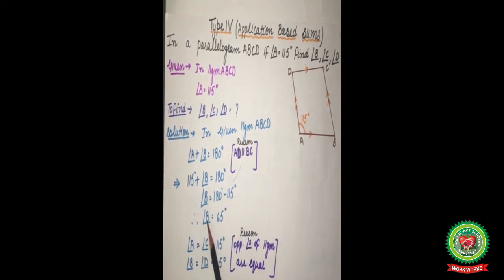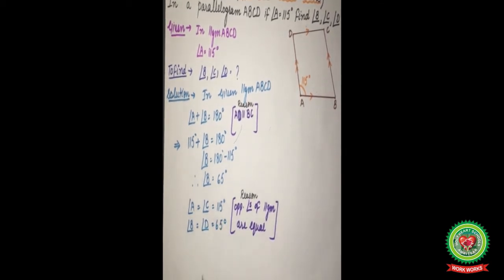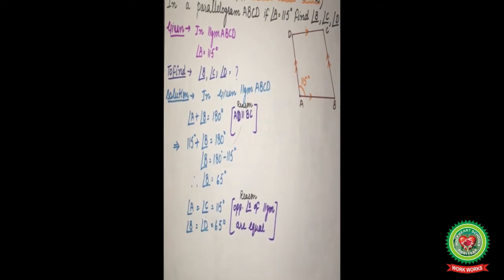So therefore, angle B equal to 65 degrees. Now we also know that the opposite angles of a parallelogram are equal. So therefore, angle A will be equal to angle C, which will be equal to 115 degrees. Angle B will be equal to angle D equal to 65 degrees. The reason is the opposite angles of a parallelogram are equal.